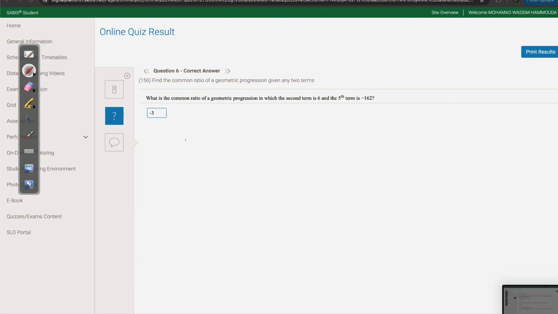Since it's geometric, we're going to do the same thing. a1 times r to the power of 2 minus 1, which is just r. That's it. And then -162 is equal to a1 times r to the power of 4 minus 1, which is r cubed.